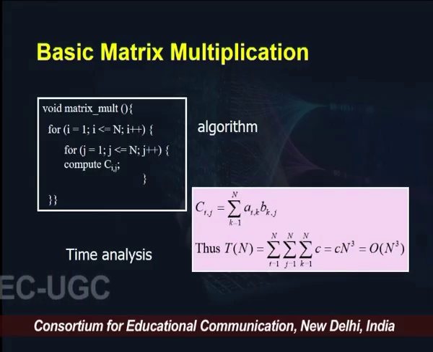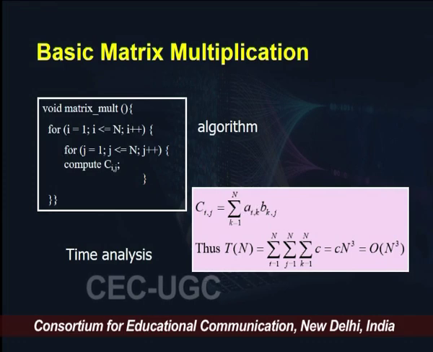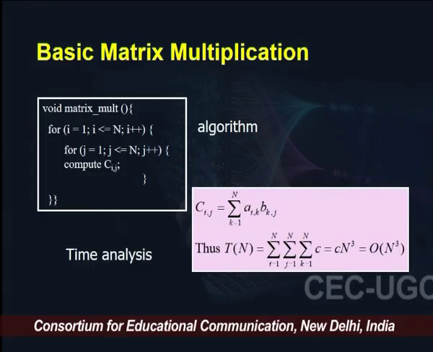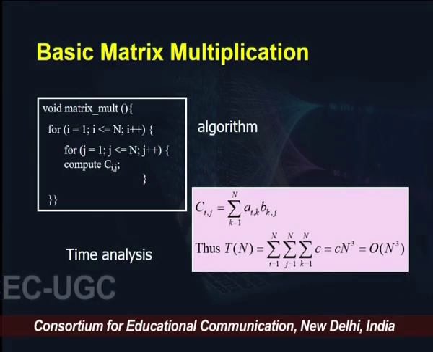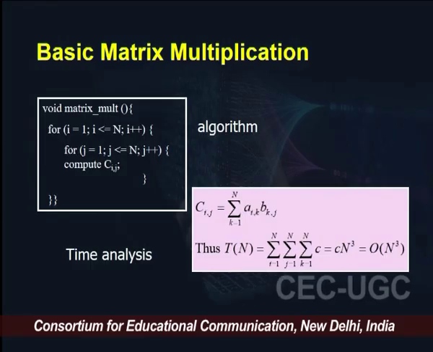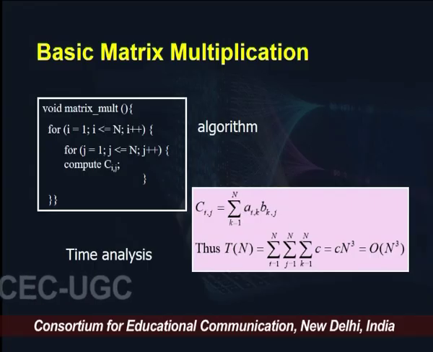If we analyze the time of this basic matrix multiplication, we have 3 loops here, and the time complexity results in order n cube. So although it is a polynomial time algorithm, being an order n cube algorithm, it is a costly algorithm.